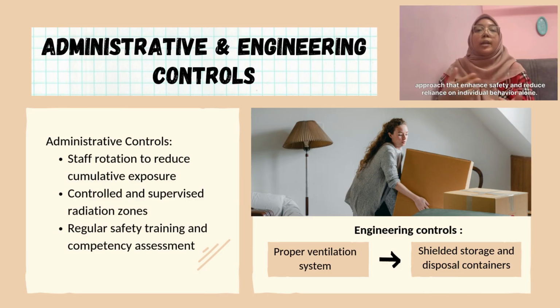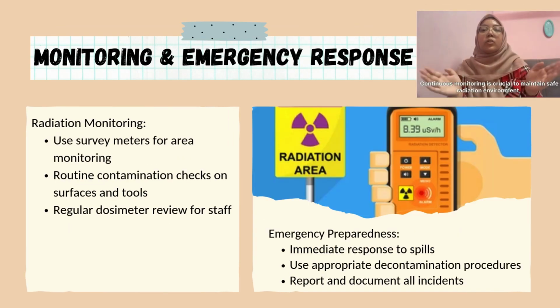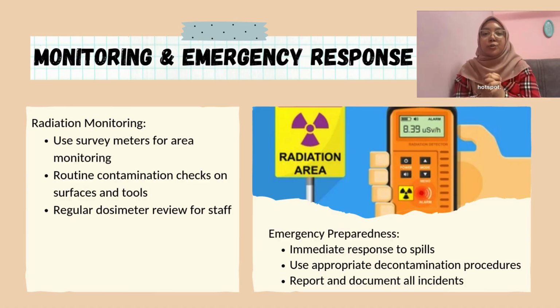Continuous monitoring is critical to maintain a safe radiation environment. Survey meters are used for area monitoring, enabling staff to detect unexpected radiation hotspots. Regular contamination checks ensure that surfaces, equipment, and personnel remain free of radioactive residues.